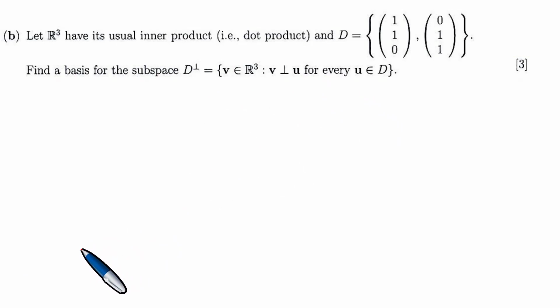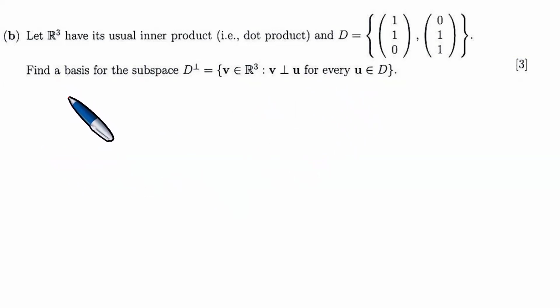All right, so we continue. In the end, we have the following. Now, at this point, we need to find a basis for the subspace D-perp.